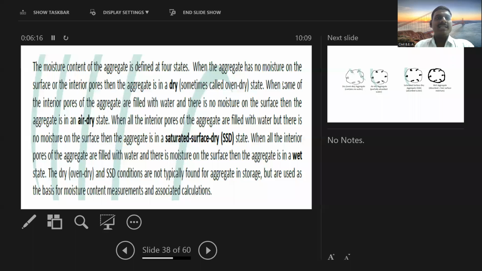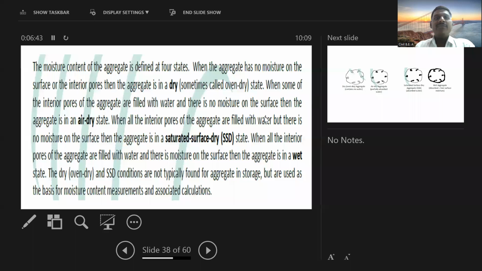Actually, the aggregate has four states. When the aggregate has no moisture on the surface or in the interior pores, then the aggregate is dry. If there is no moisture on the surface, we call it dry aggregate.